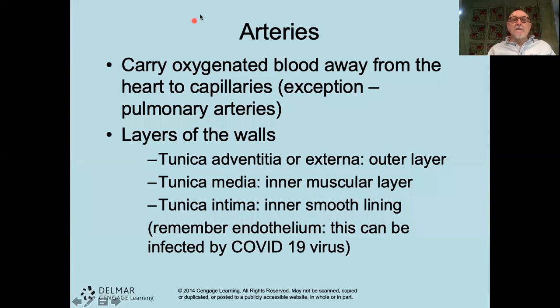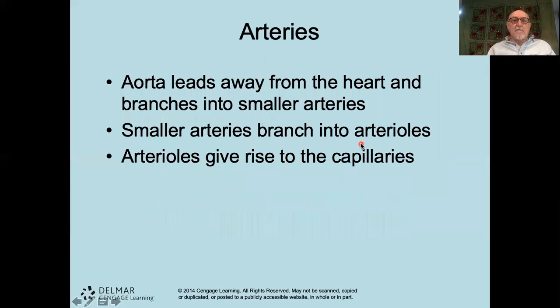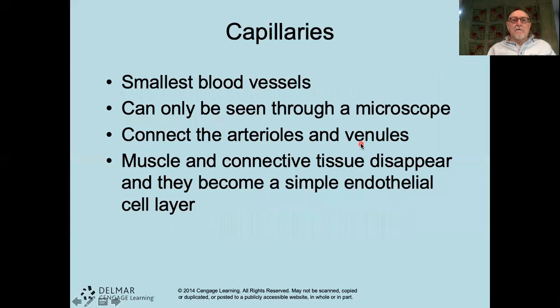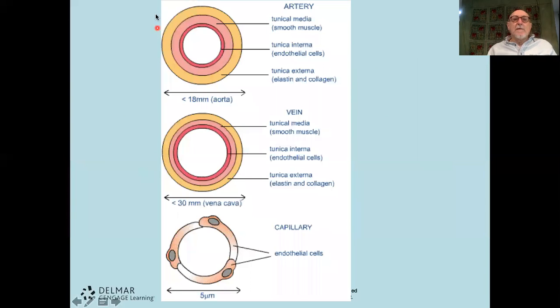So let's just have a look here, because there are some names that you're going to have to remember. These three layers, the outer layer here is called the tunica externa. Sometimes you'll see it also called the tunica adventitia.